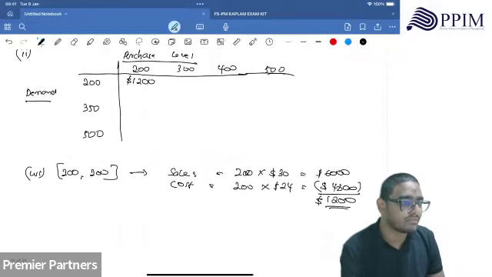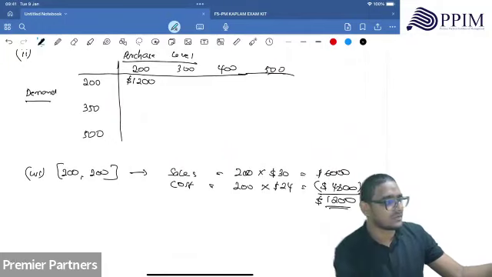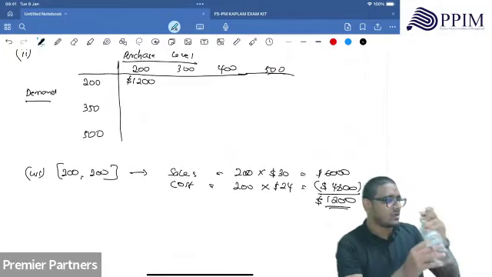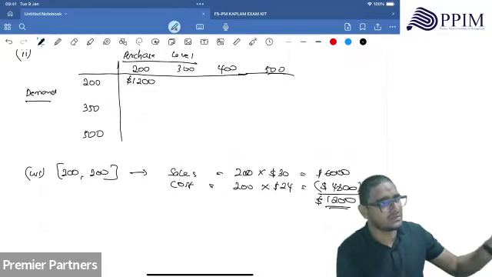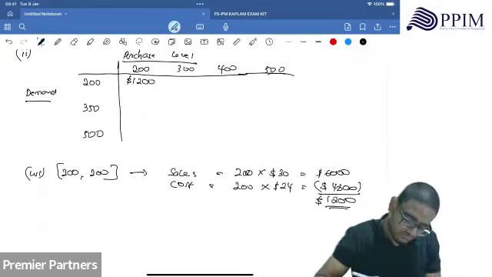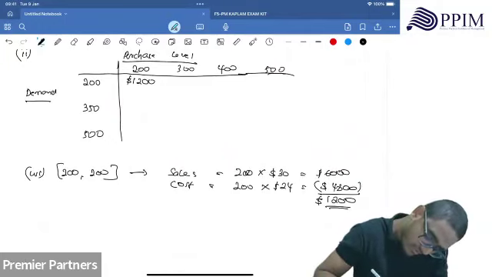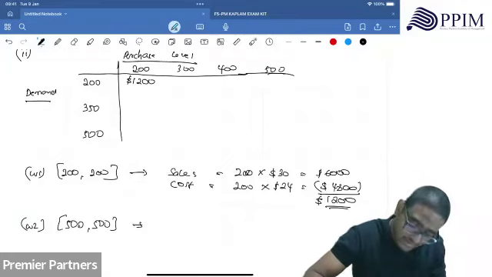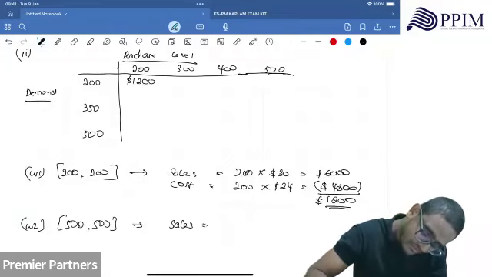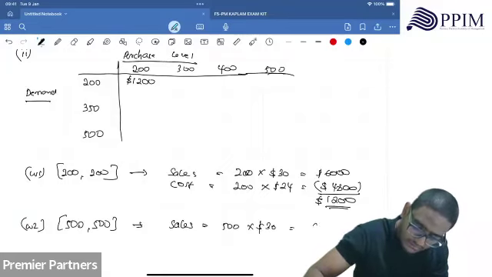Then I'll do working number 2. I'm going to do 500 and 500. What I do is I'm dealing with the easier ones first. Take sales, 500 into 30, that is 15,000.